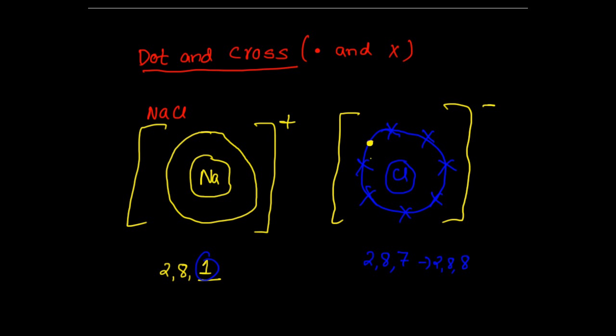So the 8th yellow dot shows the 8th electron that is transferred from sodium to chlorine.